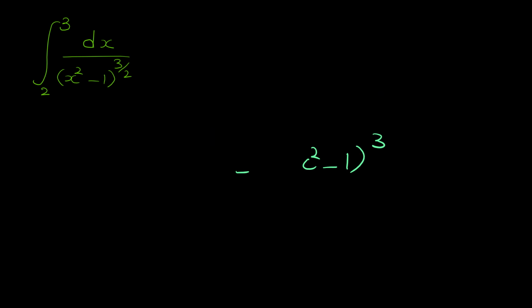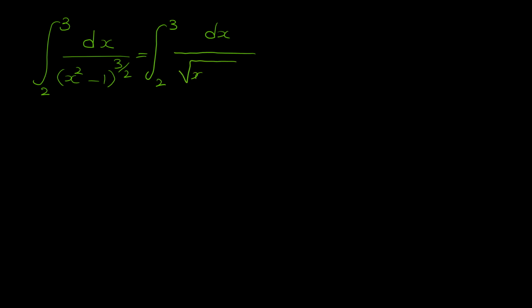So first we rewrite this integral in the form of integral from 2 to 3 dx over radical of (x² minus 1) to the power of 3. In this way, it is more clear that for solving this integral, we can use the secant substitution. It was not really necessary to write this in this form, but it's for ourselves that we want to make it more clear.